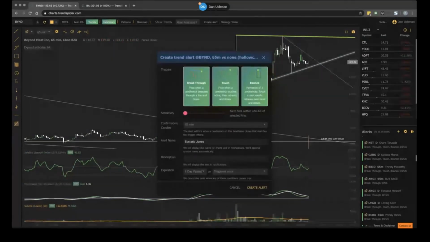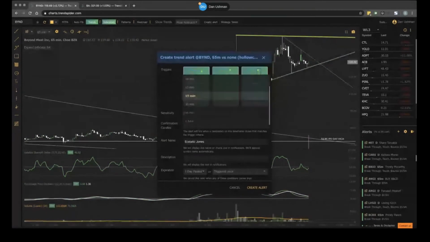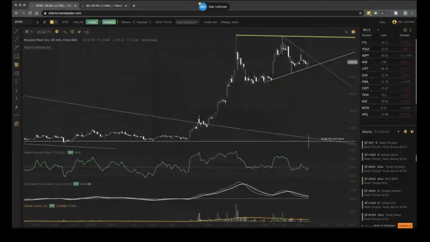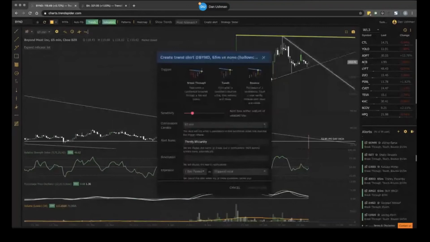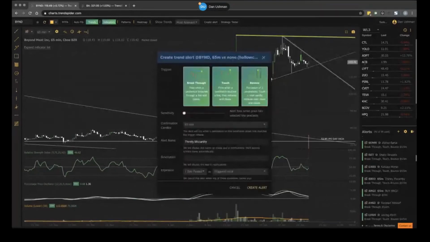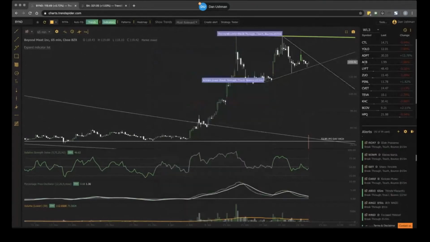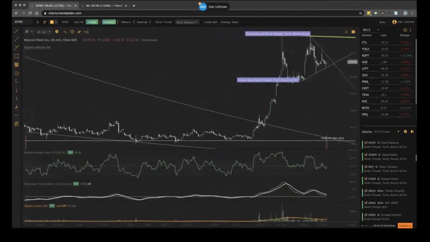This way, the system will watch it for me, and I don't have to sit there and stare at it and worry about if I'm missing out or not. If it just has an inside day tomorrow, there's no reason that I would want to participate in that action. I'd want it to pick a direction. So that's one of the things that I would do with Beyond.